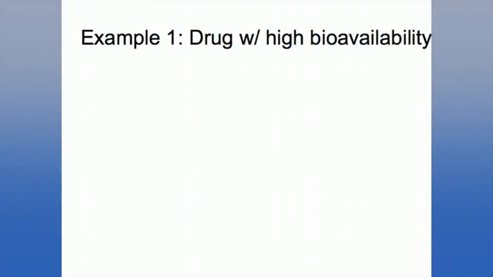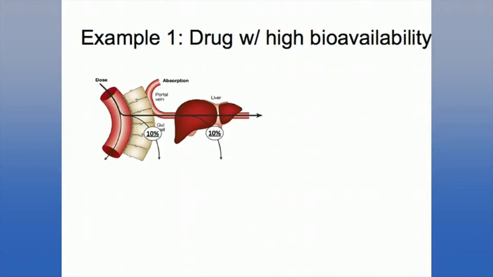So let's walk through these examples for a second. And I'm using slides that I've showed you previously. So here's an example of a drug that we give by mouth. And we're going to hypothetically say that this drug has a high bioavailability.